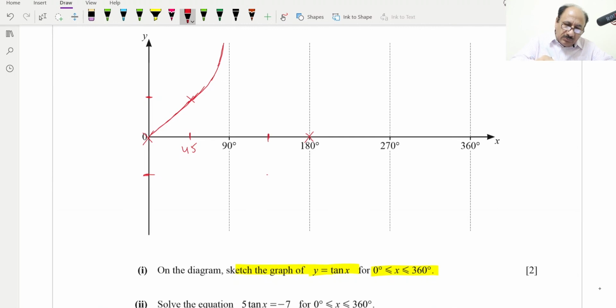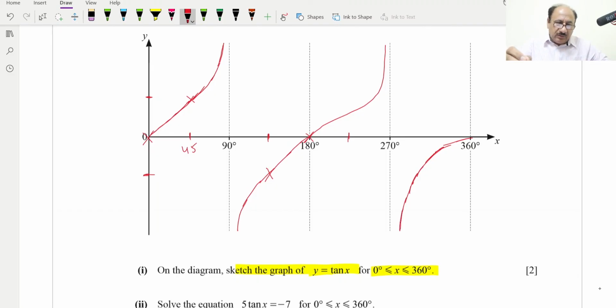So it will be passing through this one, and similarly going up, like if I redraw. It will be passing through this point, and again passing like this. So roughly we can say this will be the graph. Again it will be from 360 to this side. So this is basically the tan graph which we can show over here.